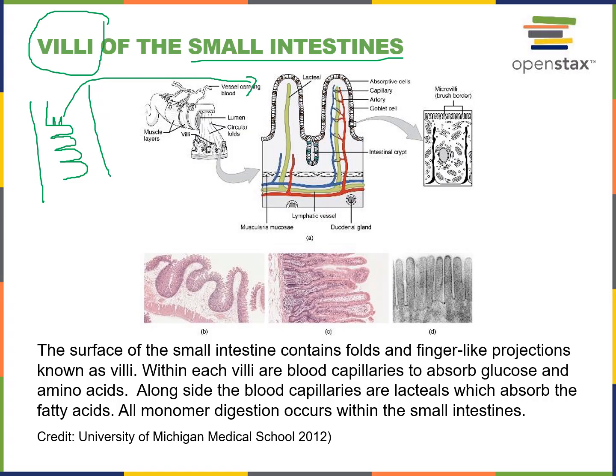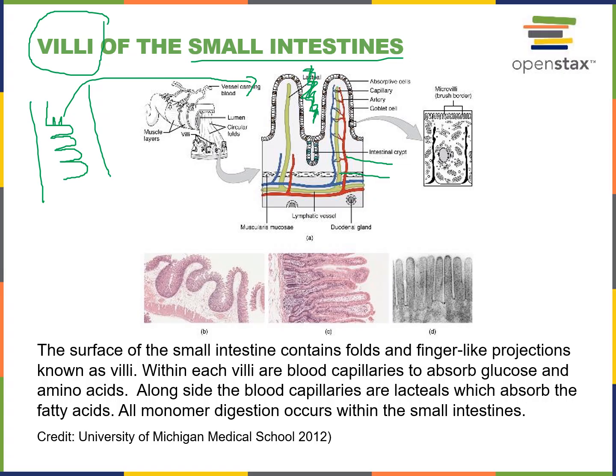And within villi is where we find the red and blue blood vessels, and the green lymphatic vessels. So there are abundant villi and abundant blood vessels and lymphatic capillaries. The food, for example, would be slushing around here because now it's a liquid, right?